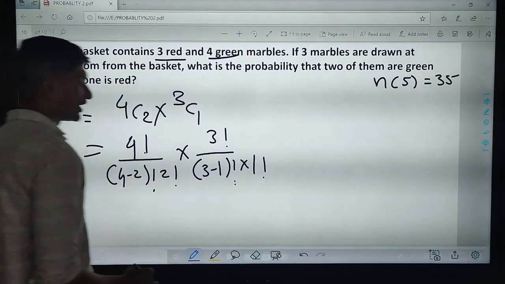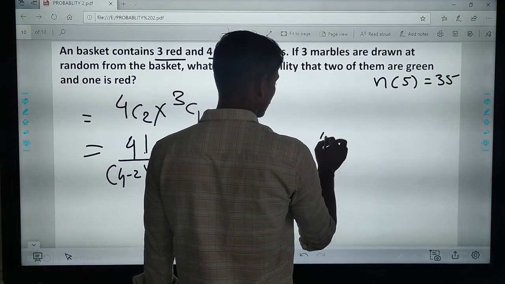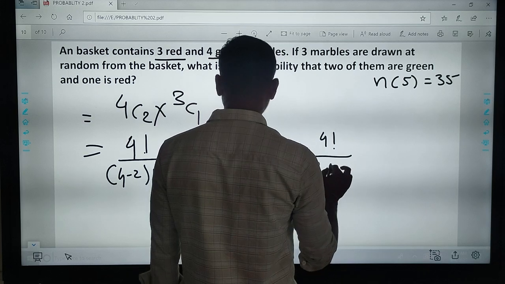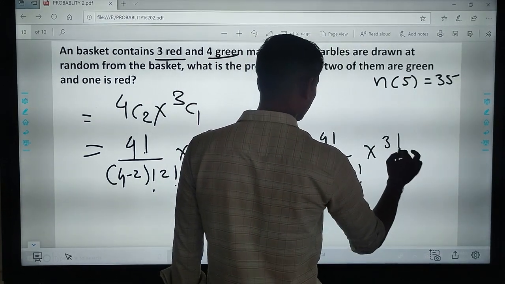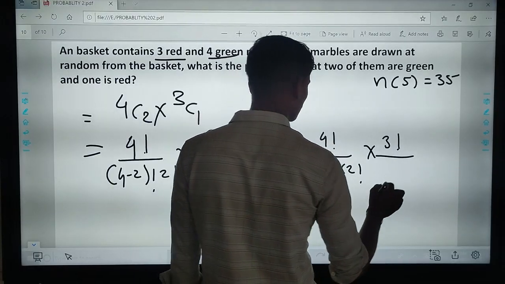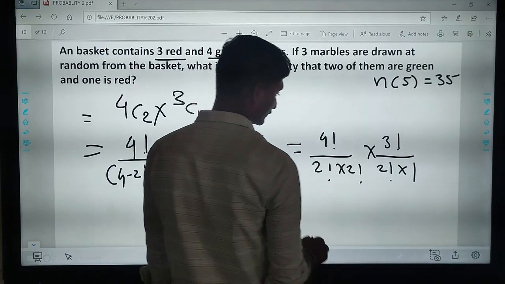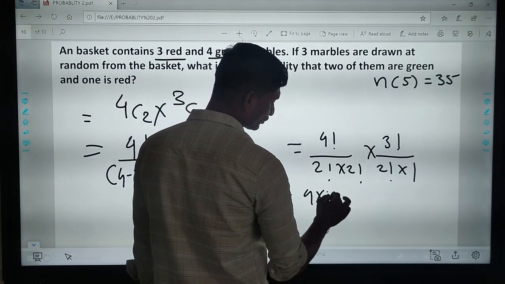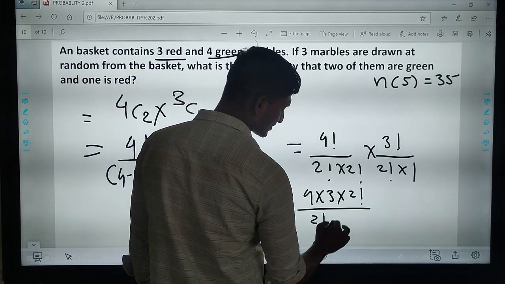Now here we calculate this. 4 factorial divided by 4 minus 2, which is 2 factorial, into 2 factorial, into 3 factorial divided by 3 minus 1, which is 2 factorial, into 1. Then we write 4 factorial means 4 into 3 into 2 factorial. Here 2 factorial remains the same.